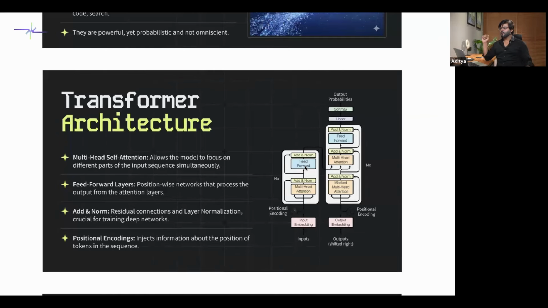Now it's important that we understand how this is working. You have the input, then input embedding, positional encoding, and multi-head attention. All these things work together to produce a final output. So this at least gave you an idea of some terms of transformers.